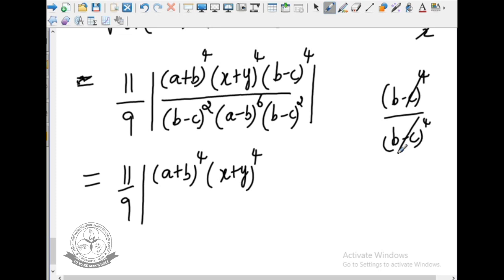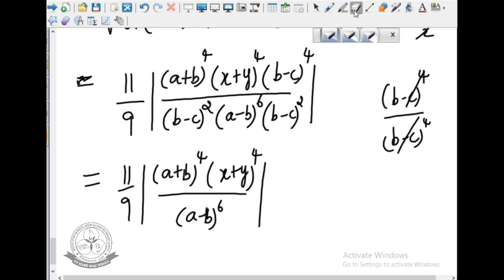So that one cancels, and the remaining term is (a minus b) whole power 6. Take down this is the answer.